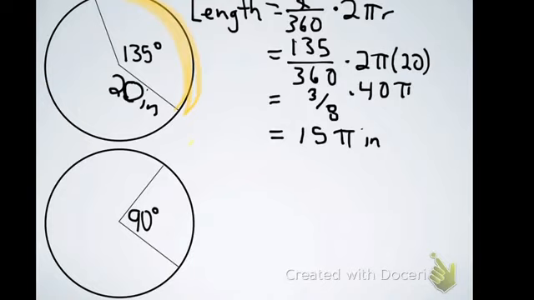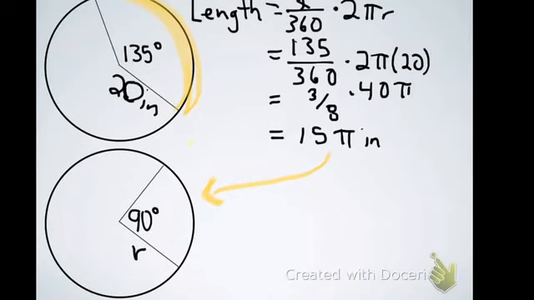Well, let's look at our last one here. So what if now 15 pi was my length, and I wanted to find what the radius would be? So maybe this is a scenario where I have two different circles, two different radii for all we know, two different measurements, but I want to find when the length would be the same.